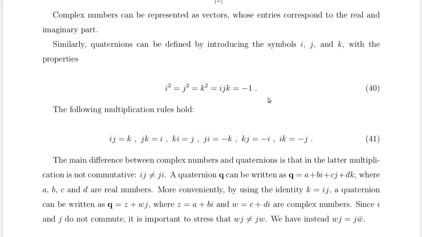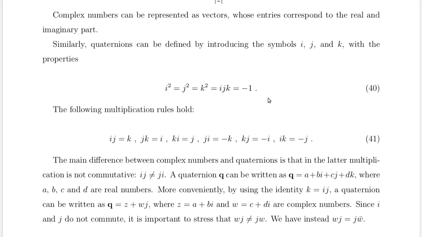So using the fact that k is equal to ij, you can always write a quaternion as a complex number plus another complex number times j. And the mapping is written here. So a plus bi in the quaternions is the first complex number, and cj plus dk can be written as c plus di times j.